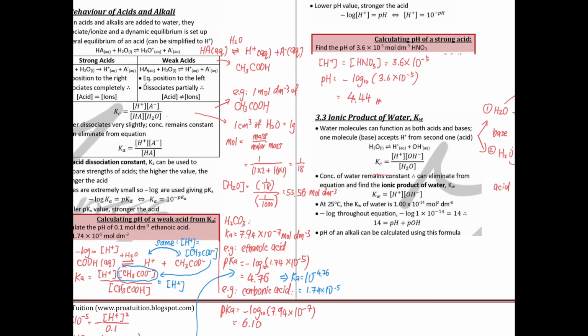Now, if you have this reversible equation, then you can find Kc already. Kc is the concentration of products over the concentration of reactants.